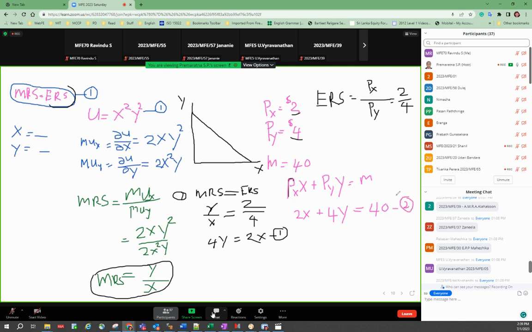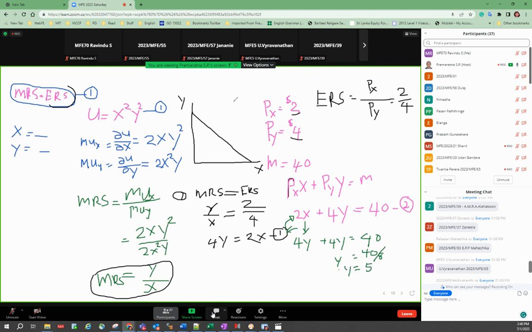Now with the first equation and second equation, you can find the answer to x and y. The first equation, you plug into the second one, you get 4y plus 4y equal 40, which means y equal 40 divided by 8, so y equals 5.